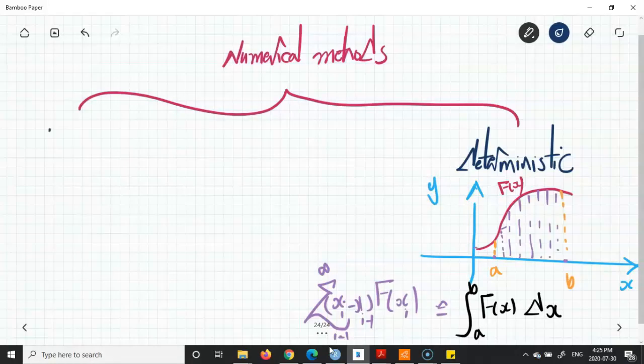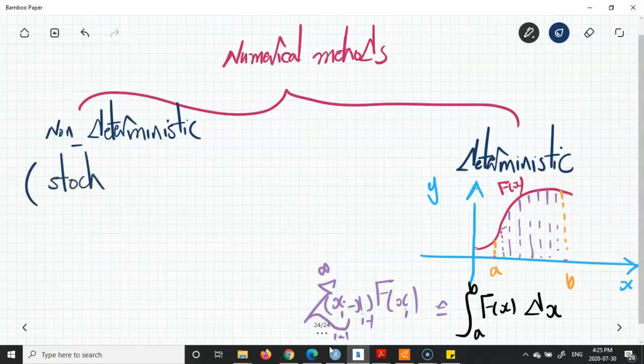The second type is the type that we call non-deterministic, or simply stochastic methods, because every time you run the method, you may get different values.